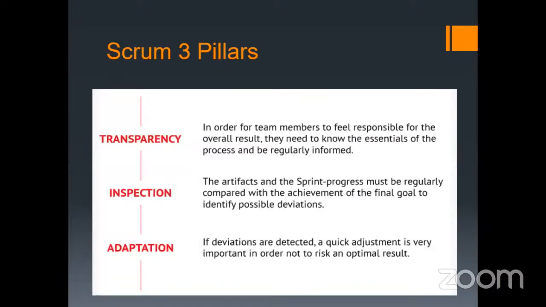Now, like Agile, it has also given a few philosophies. In Scrum, there are three pillars, and the three pillars are transparency, inspection, and adaptation. In transparency, it says that in order for team members to feel responsible for the overall result, they must know all the essentials of the process and be regularly informed.